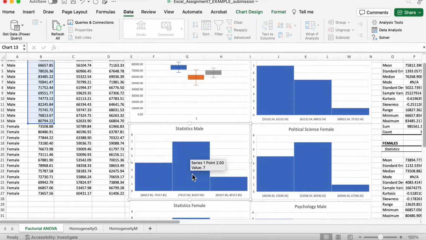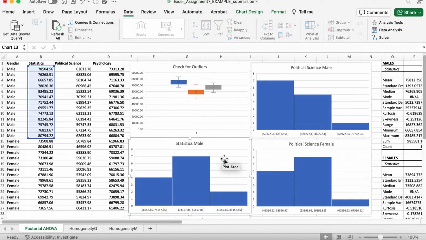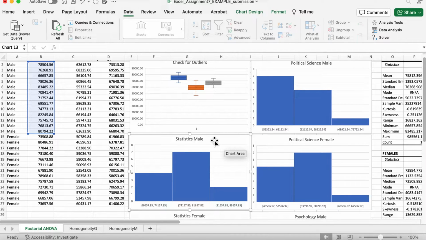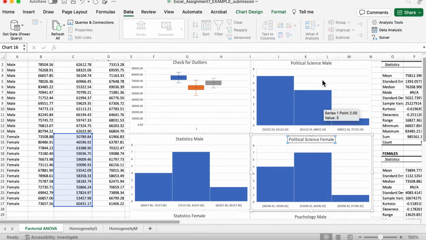This is frequency, so most of the values fall between these numbers, right? Now, I could have made the variable label a lot more explanatory, like the starting salaries for males in statistics, but I just kept it basic here because I'm trying to get this done. You can put however explanatory you would like up here, but this is fine as well.